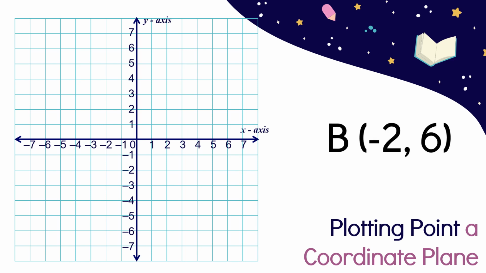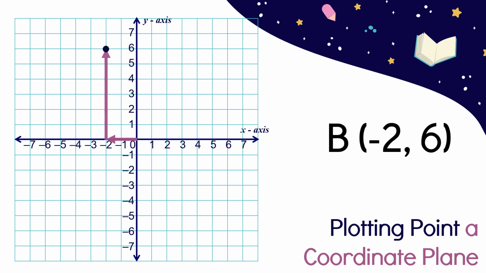Let us try point B. Since we have negative 2 as our first coordinate, we have to move 2 units to the left of the origin. And then 6 units upward, since the second coordinate is positive.